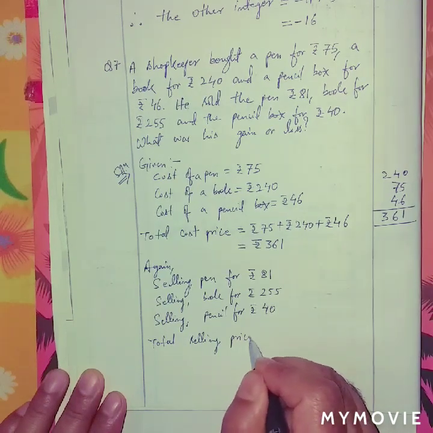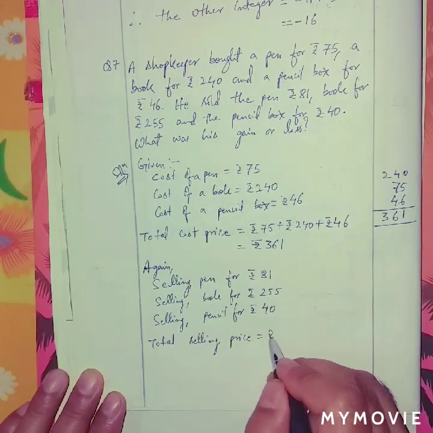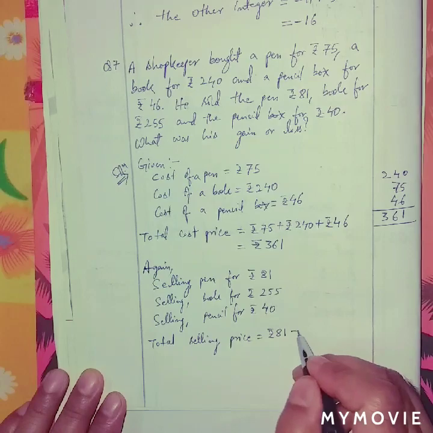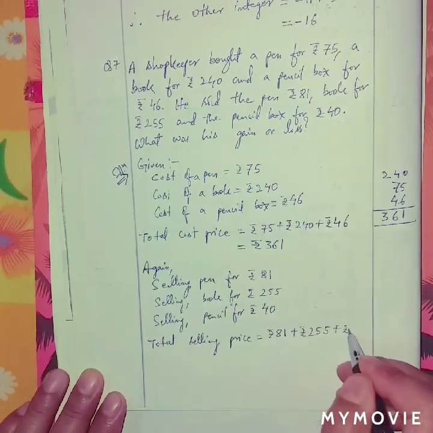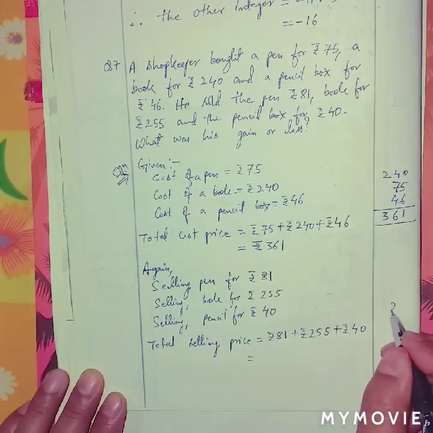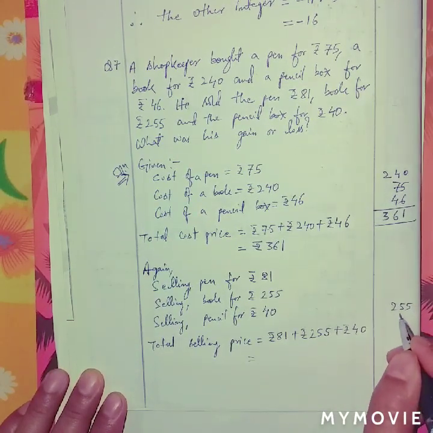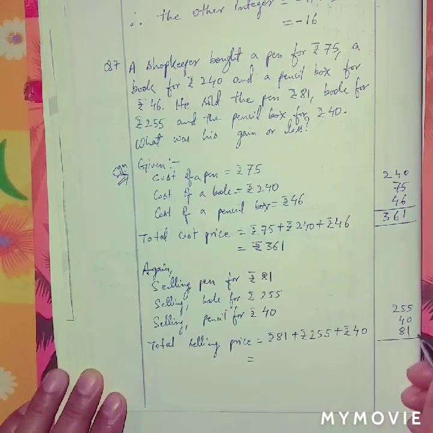So that means that is the sum of these three: rupees 81 plus rupees 255 plus rupees 40. So the sum will be equal to what? Again you need to add this very carefully. Don't make any mistake while addition and subtraction.